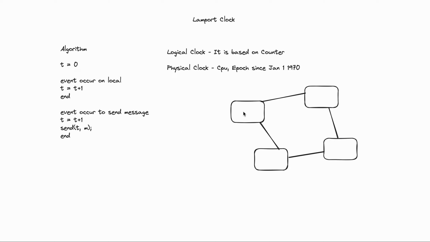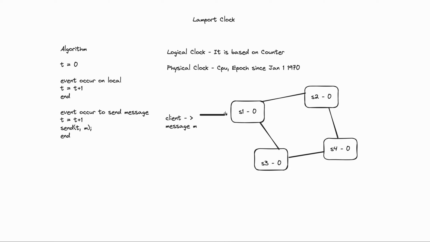Let's call each machine: this is S1 with counter 0, this is S2 with counter 0. The initial counter is 0, so each machine has its own counter for the Lamport clock. Machine 3 has 0, and machine 4 has counter 0. The client then sends a message M to this machine.